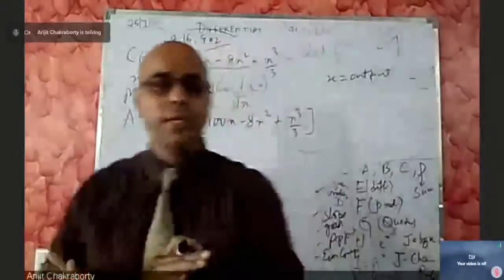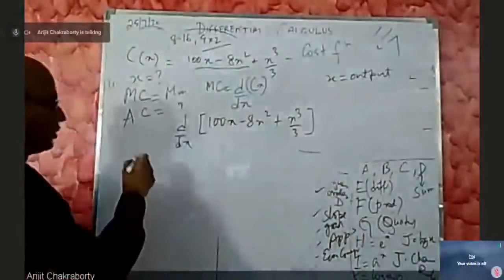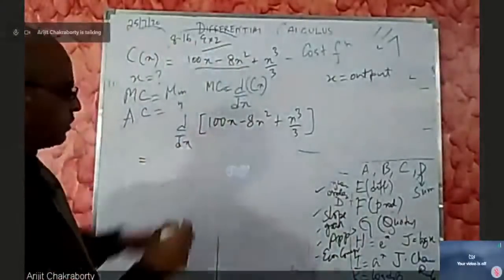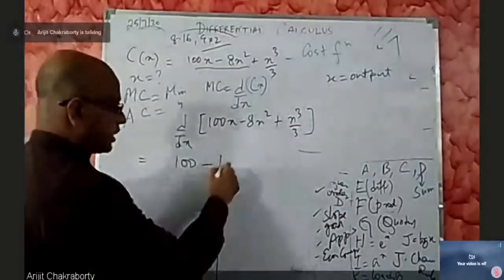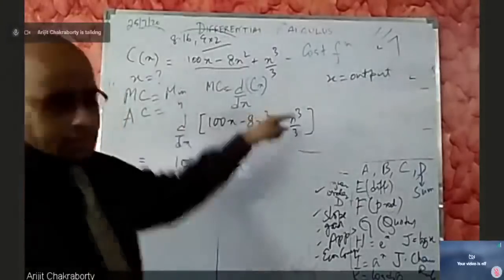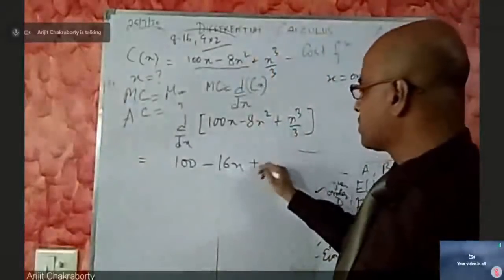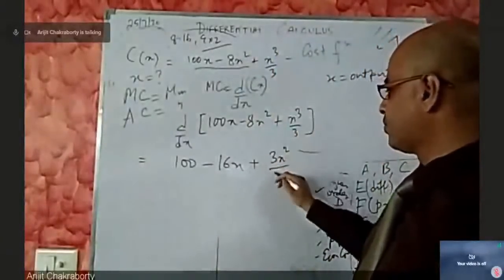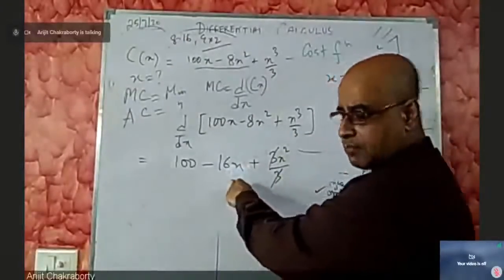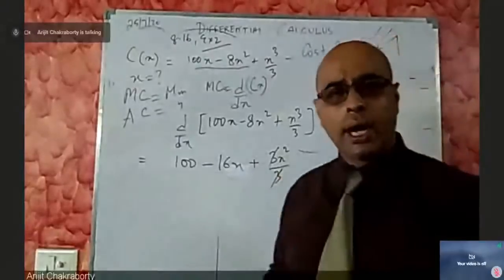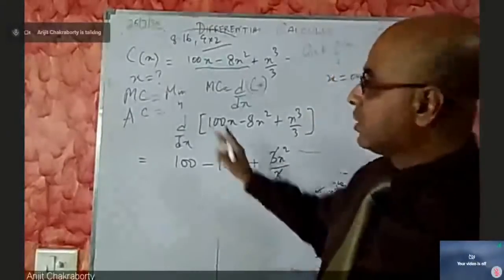Now that we have covered the details of the entire formula, I directly go to the differentiation. d/dx of 100x will become 100, minus 8x square becomes minus 16x, plus x cubed by 3 becomes plus 3x squared by 3. So it will become 100 minus 16x plus x squared. So this is the marginal cost.